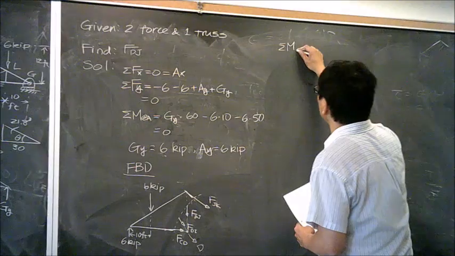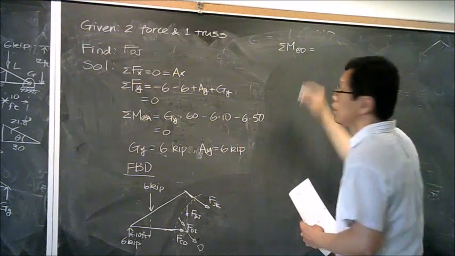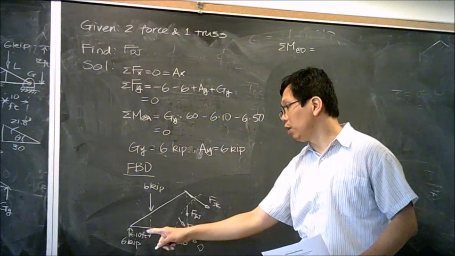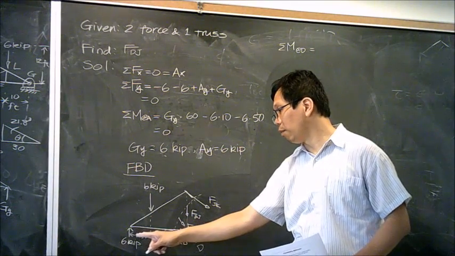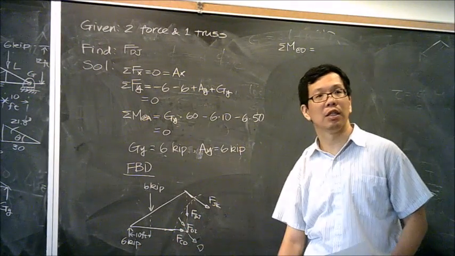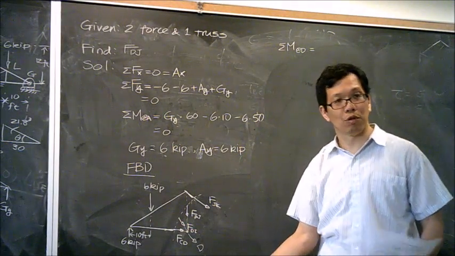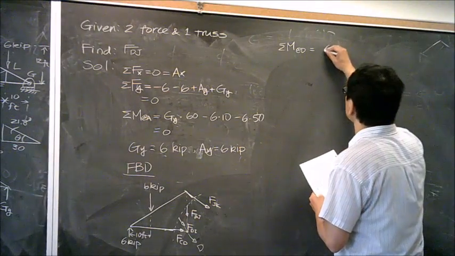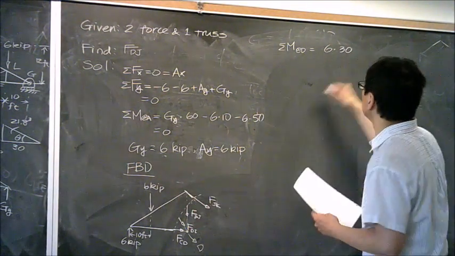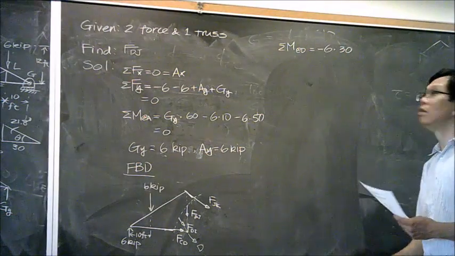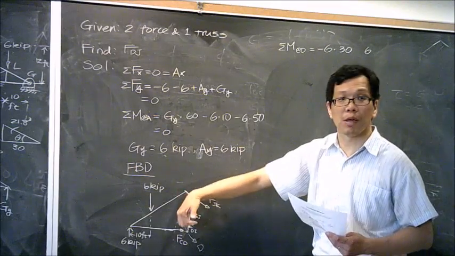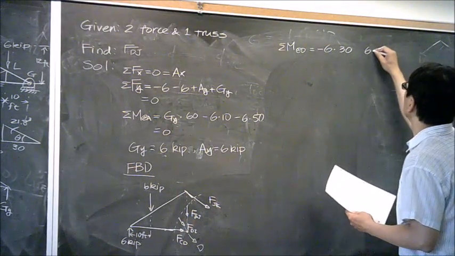So if I use the moment at D, I have two forces whose moment arms are just the distance between D and the applied force, which are given. So we have 6 multiplied by 30. In this case, it is negative. And we have 6 kip, which is this one, but this time it's positive. The distance is 20.